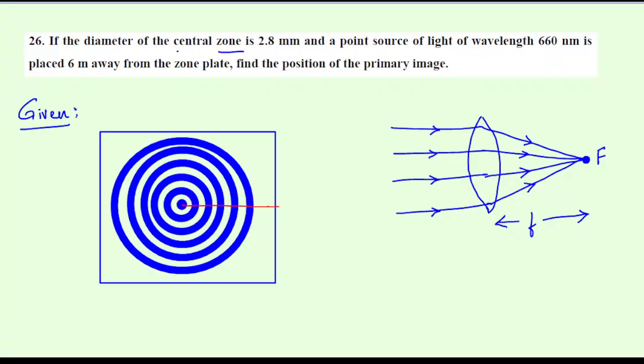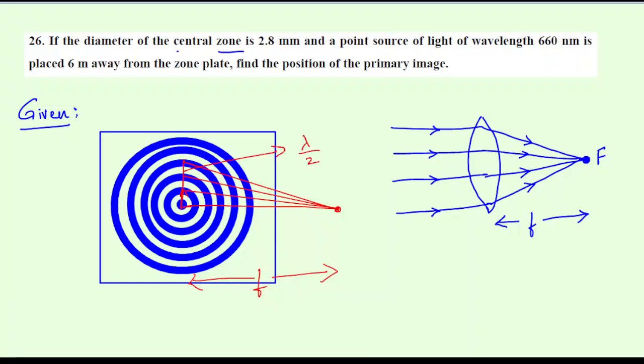How is that? Let's say the focus is here, the focal length of the zone plate is here, and if this is the first ring, the rings are made in such a way that the distance between the focal point and each of these lines differs by lambda divided by 2.